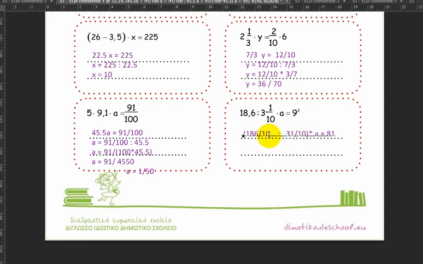Now, doing this division here, 186/10 divided by 31/10 is going to give me 1,860 over 310. This needs to be equal to 81.